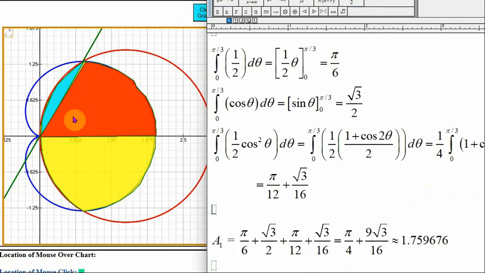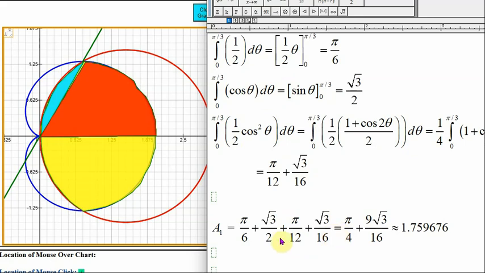So the area of this region is pi over 6 plus the square root of 3 over 2, plus pi over 12 plus the square root of 3 over 16. All of this is pi over 4 plus 9 times the square root of 3 over 16, which is approximately 1.759676.